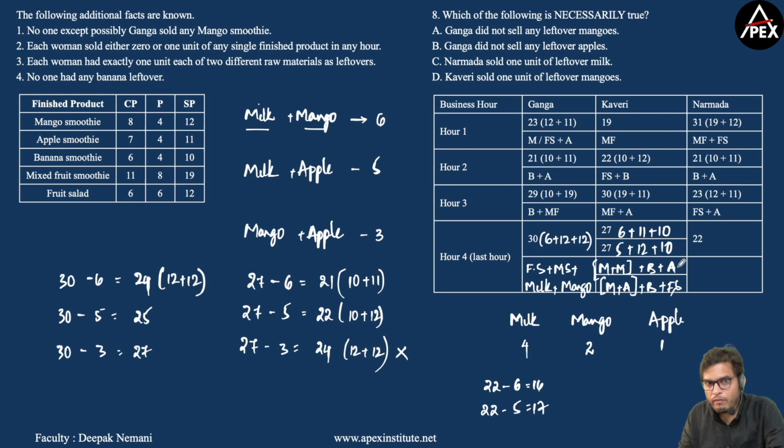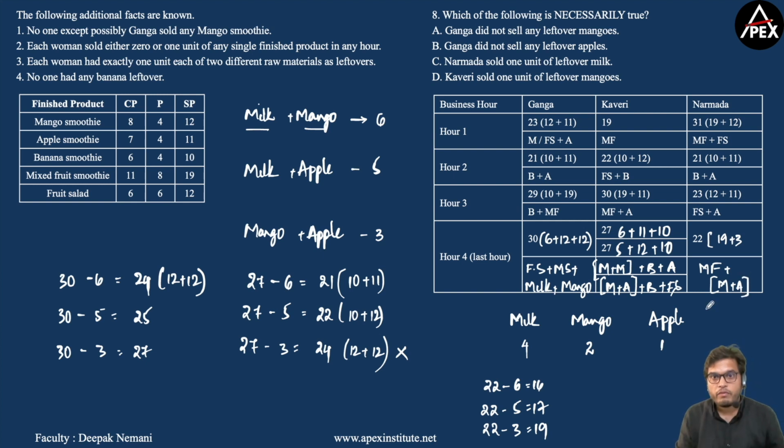Again we do not have any value which is 17 or which adds up to 17. Now if I consider Narmada being left with 1 unit of mango and 1 unit of apple, then 22 minus 3, it is 19. Now you can have Narmada selling 1 unit of mixed fruit smoothie and 1 unit of mango and apple as leftovers.